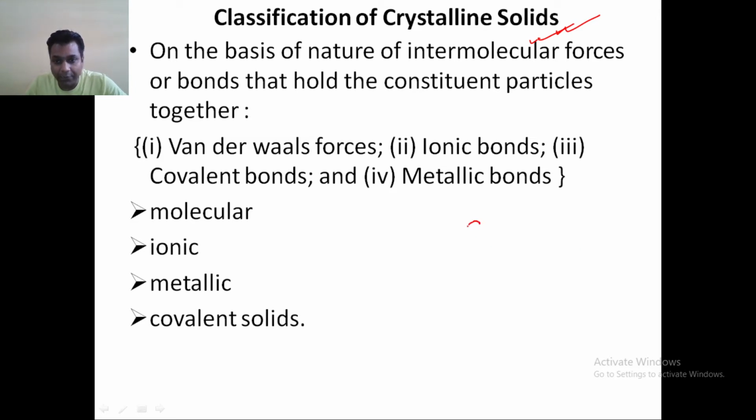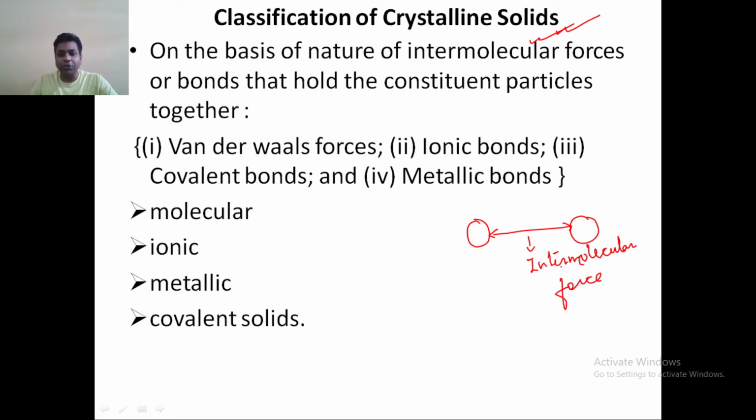If you have one atom, and another atom, between these atoms there will be some intermolecular force. The nature of the intermolecular force will play the role in the classification of the crystalline solid. So the first is van der Waals forces or London forces.